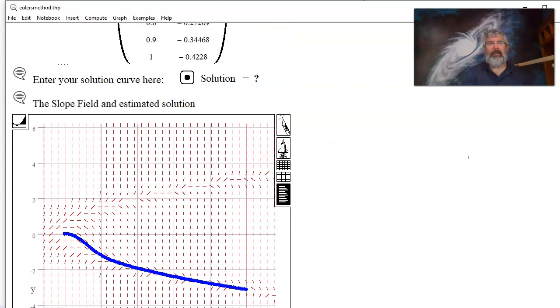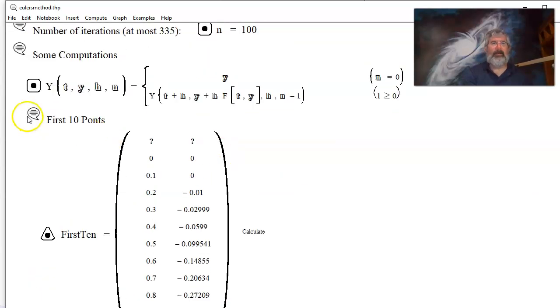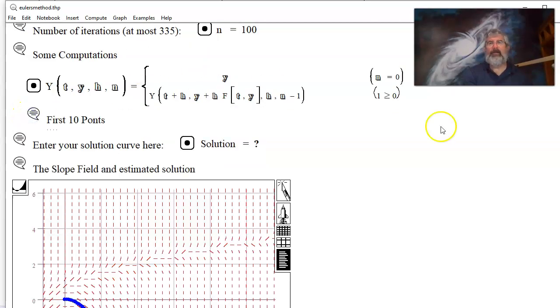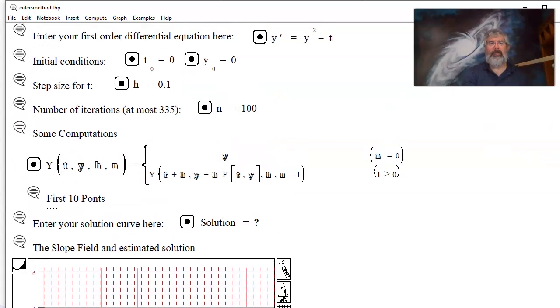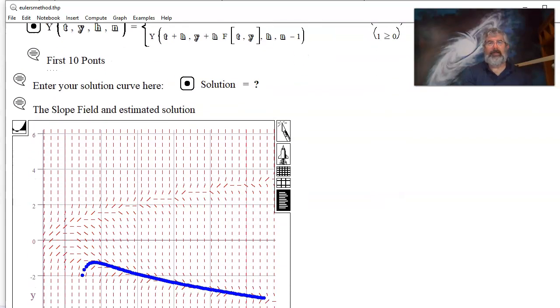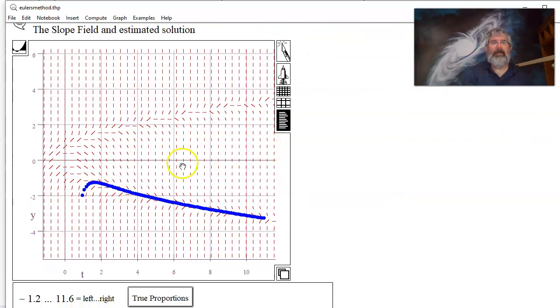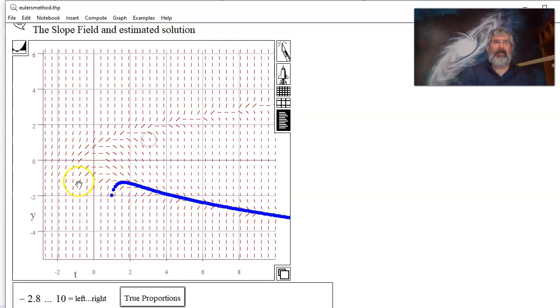So let's try it. Let's hide these points and start at the point 1, -2. You can see, yeah, it looks like it heads up, comes over, and comes back down again. On the other hand, if I were to move over here and start at 0, -2, it looks like maybe I might even miss that parabola entirely. It might head up like this and just kind of curve and miss it.